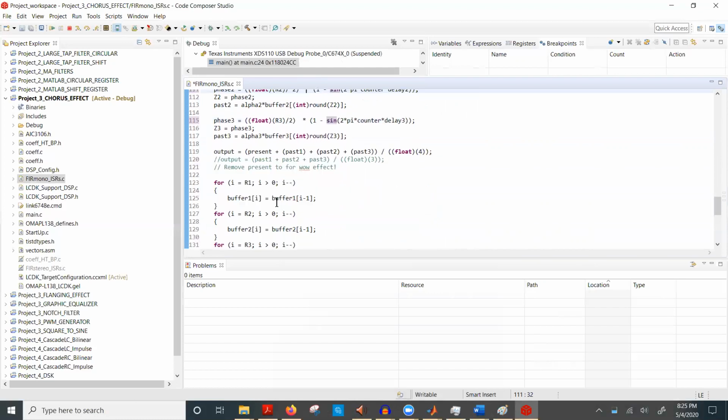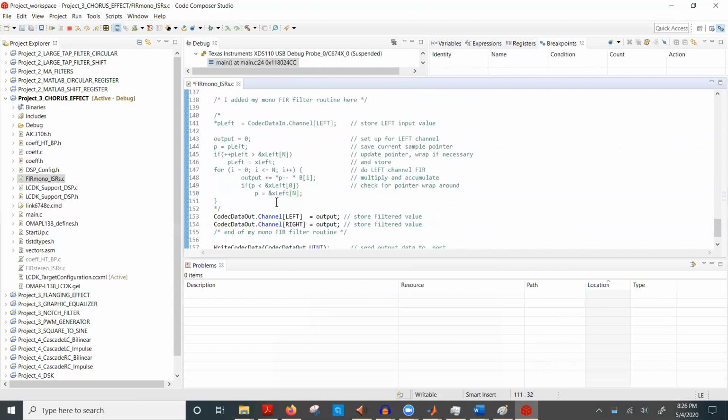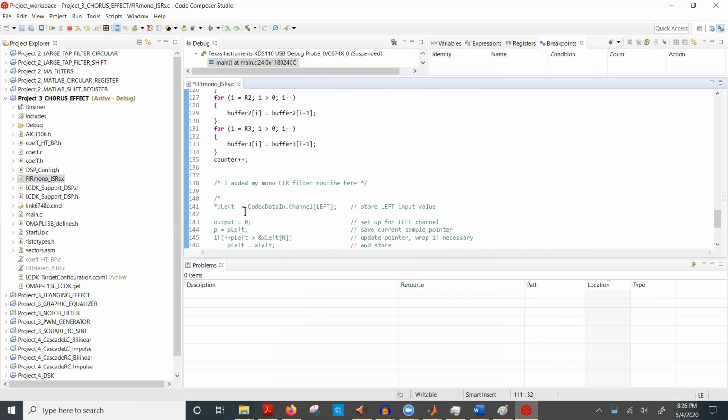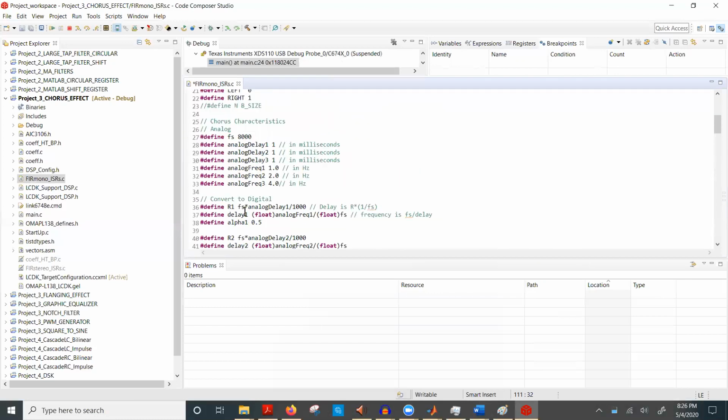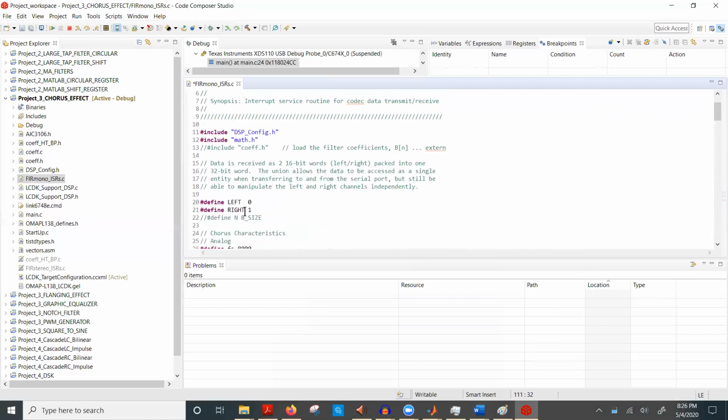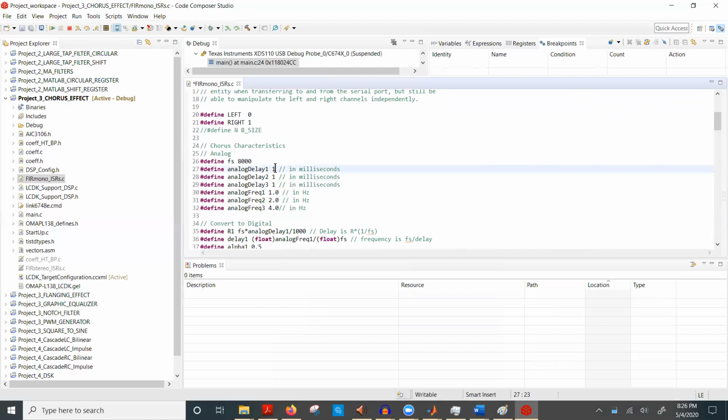In essence, it's almost exactly the same. I still have the counter that counts the sample number. This is all the same except it's just 3 flanger effects. So right now, let's say I want this delay to be 100, this delay to be 200, or 20. This one could be 40. Analog frequencies, let's make this 1.5, 2.0.